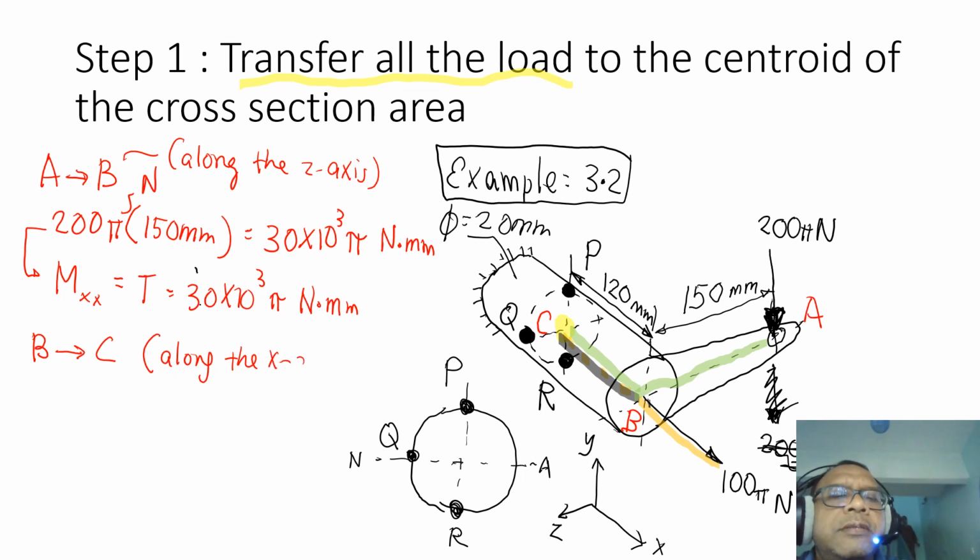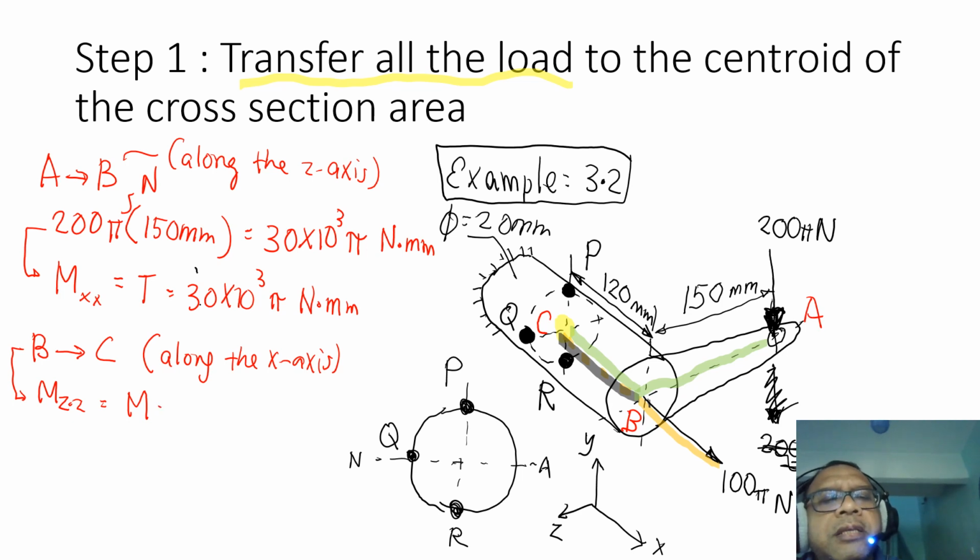B to C is 120 mm along the x-axis, and that created a moment about the z-axis. So I'm just writing that M_z, the moment about the z-axis, which is equal to the bending moment.